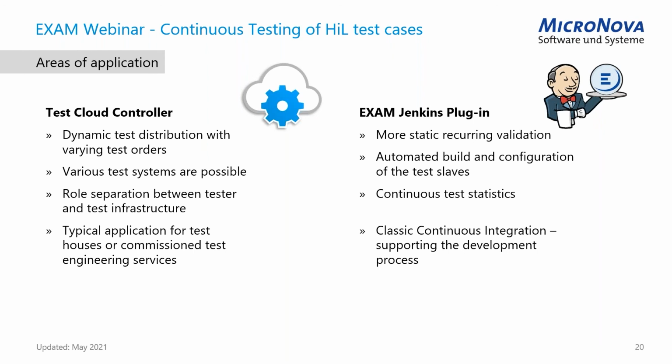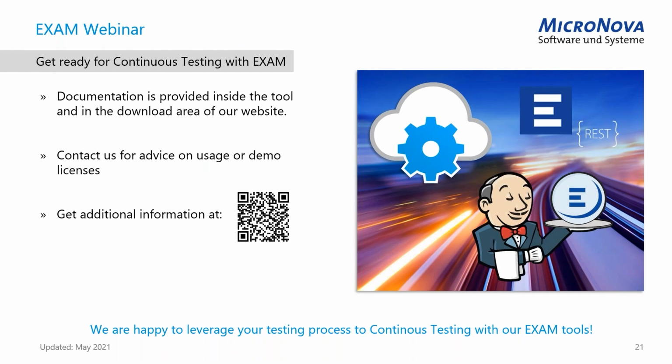As the Jenkins plugin is more or less the classic CI tool or continuous integration enhancement for XM, it is definitely the tool that could directly support the development process, and a closer relationship to the development process is definitely given. So I hope this could give you a nice introduction into both of our products, the XM Jenkins plugin and the Test Cloud Controller.